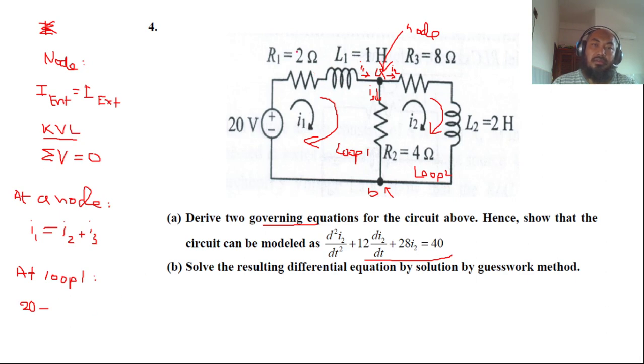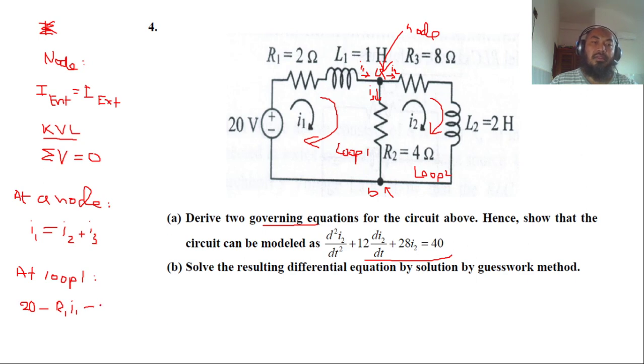For the resistance, as you know, the voltage is equal to R1 multiplied by I1. Then the current will pass through the inductor, so the inductor will be minus again because it is the same direction as I. What is the voltage of the inductor?